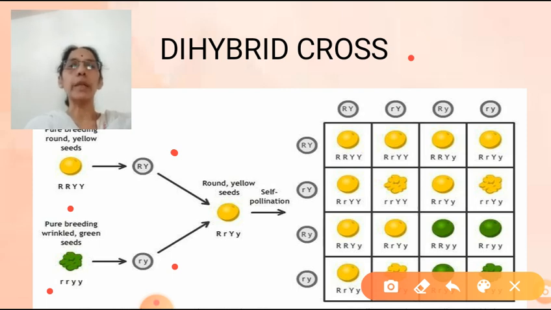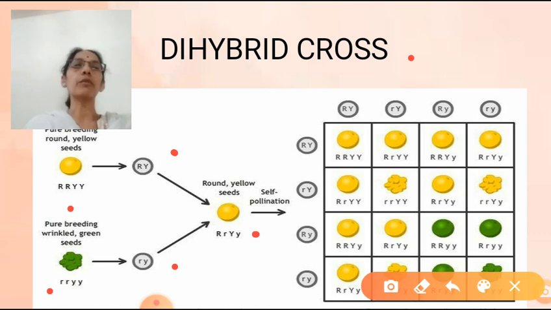When these two gametes fuse with each other, we got F1 generation, that is round and yellow. Phenotypic condition heterozygous round yellow, that is capital R, small r, capital Y, small y.